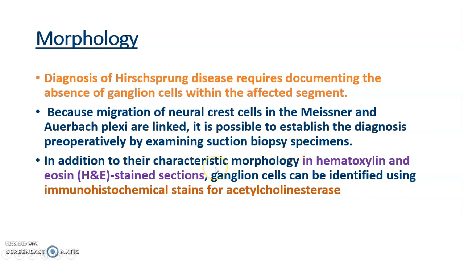In addition to characteristic morphology in H&E stained sections, ganglion cells can also be identified using immunohistochemical stains for acetylcholinesterase. So, in biopsy, we can detect the ganglion cells in H&E stained sections and by IHC, or immunohistochemical stains for acetylcholinesterase.